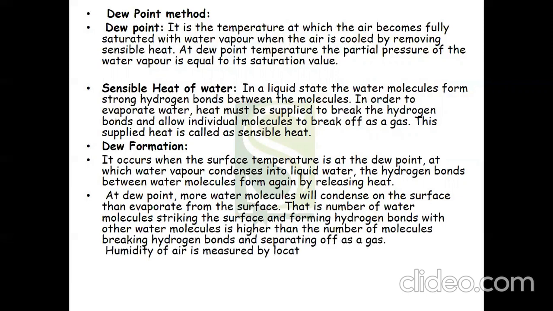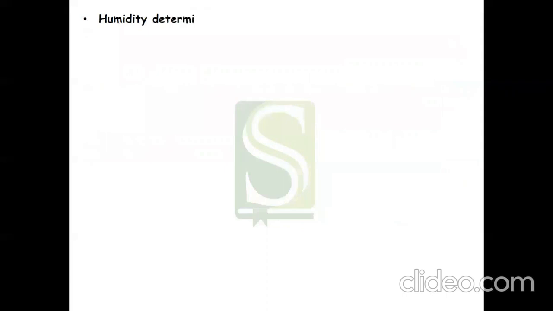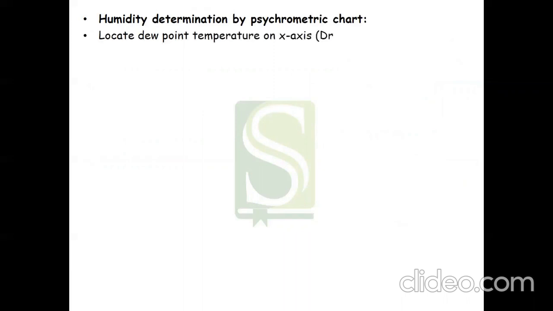So humidity of air is measured by locating dew point on the psychrometric chart. Now let us see how we determine the humidity by psychrometric chart. We have charts available. So here first we will see the procedure and then we will see the chart.